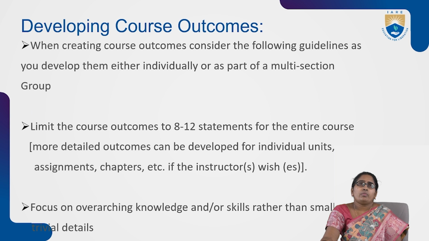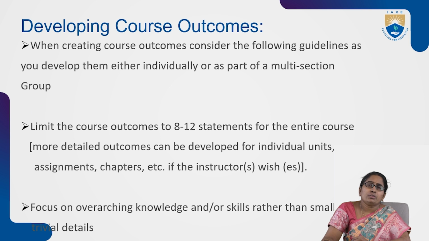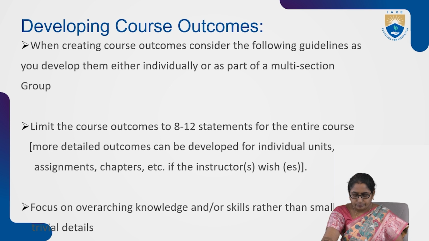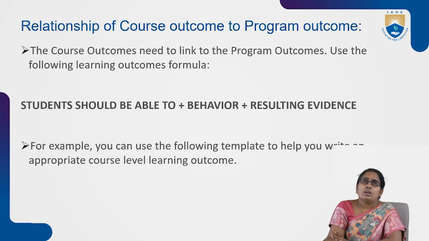While preparing course outcomes, we need to keep in mind that there are 8 to 12 statements for the entire course generally, and they focus on overarching knowledge and skills rather than small details.